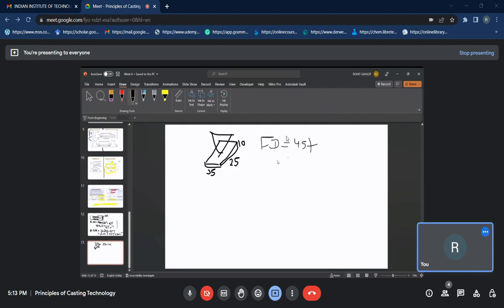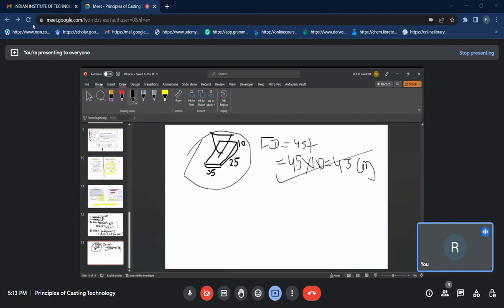The thickness here is 10, so it can feed around 45 centimeter, and our farthest points are 35 and 25, with the riser placed at the center. So this will easily feed. And this can be made a little bit more complicated.